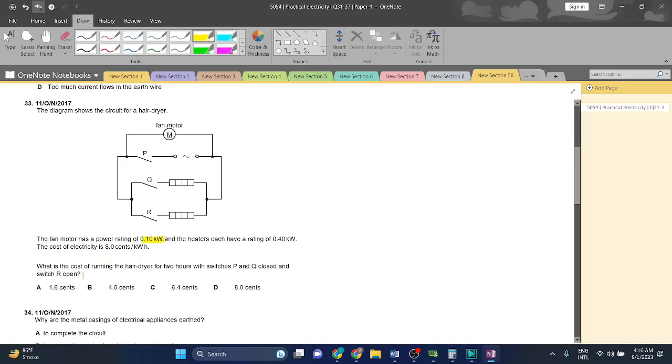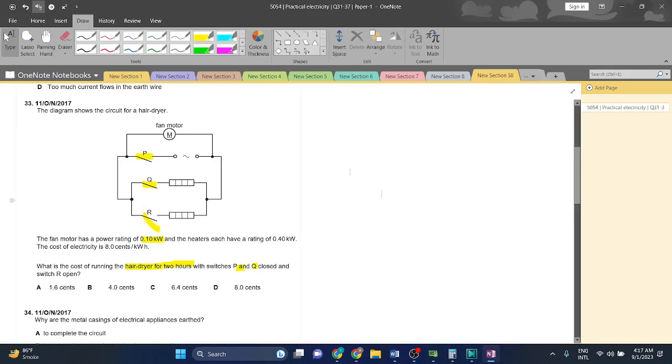What is the cost of running the hair dryer for 2 hours when the switches P and Q are closed? So P and Q are closed, which means R is open, so that is not in usage while P and Q are in usage and switch R is open.